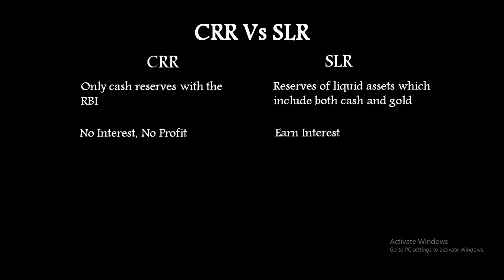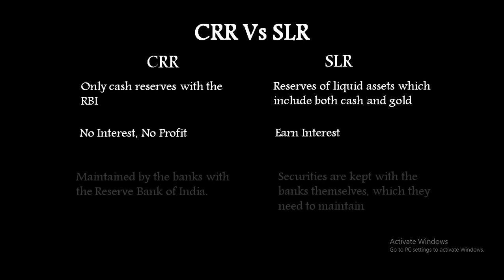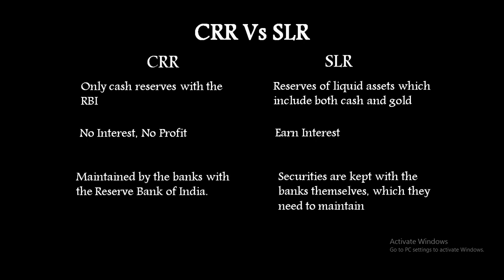Next is, banks don't earn returns on money parked as CRR, whereas banks earn returns on money parked as SLR. Third comes, in CRR, the cash reserve is maintained by the banks with the RBI, whereas in the case of SLR, the securities are kept with the banks themselves, which they need to maintain in the form of liquid assets.